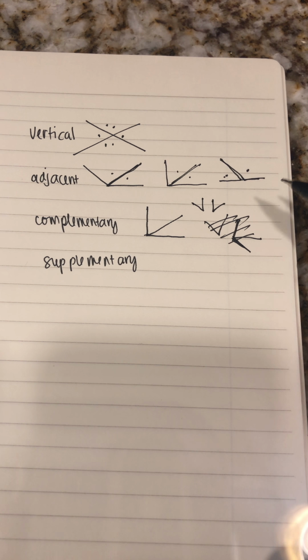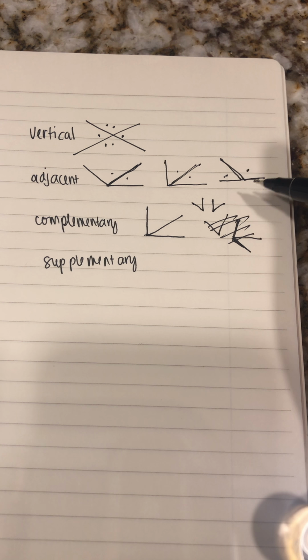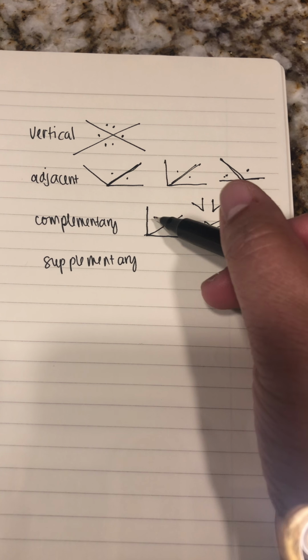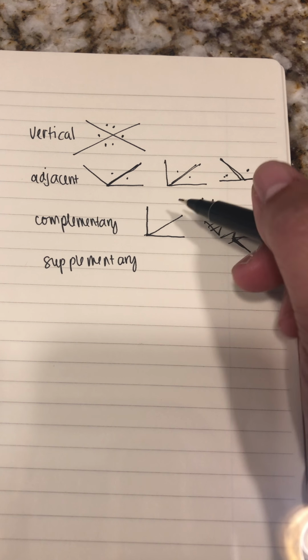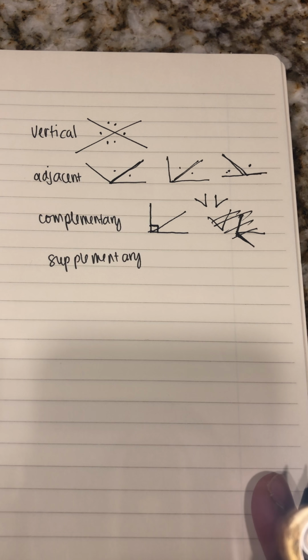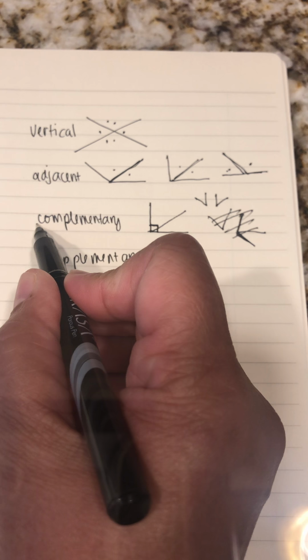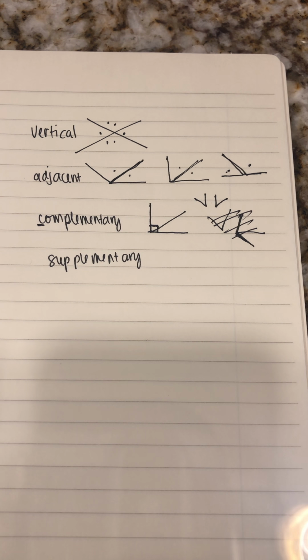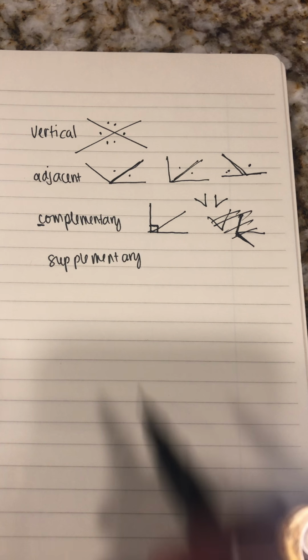Okay, so as long as they add up to 90 degrees, they are complementary pairs. And in this case, these 2 angles here are also adjacent to each other and they form 90 degrees. And what helps you remember is when you look at the first letter, C, it forms a corner. So when you see complementary and you forget which is which, you say, oh, C, it forms a corner, so 90 degrees.